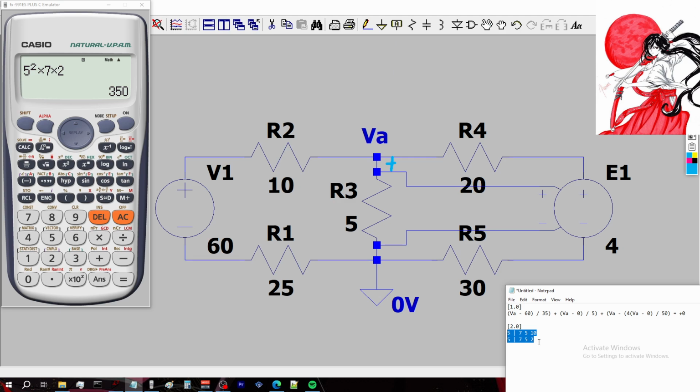So 350 can go into 35 10 times. So let's write that down. VA 10. And 350 can go into 50 7 times, so we're going to have 80. Then 50 can go into 35 7 times, so we're going to have 87.